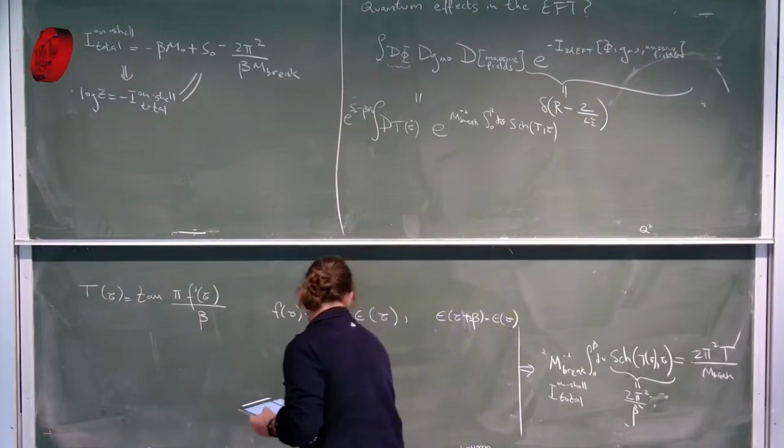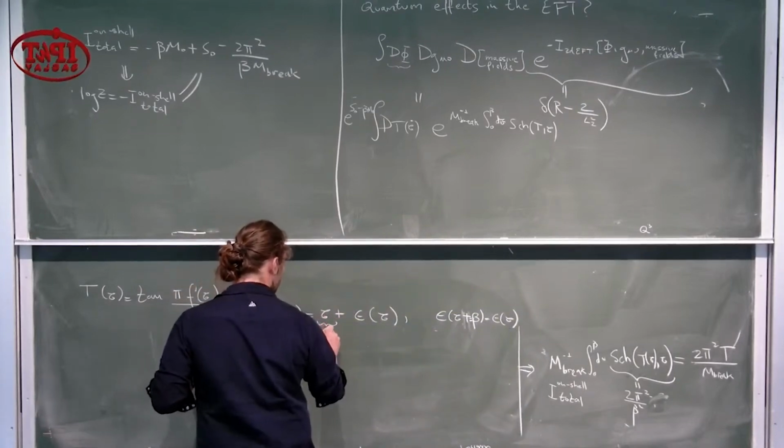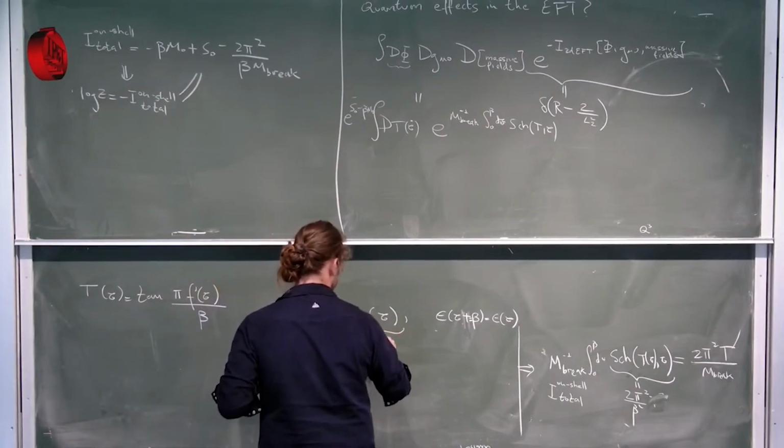So this is the perturbation. This was the saddle. And this is the quantum fluctuation.